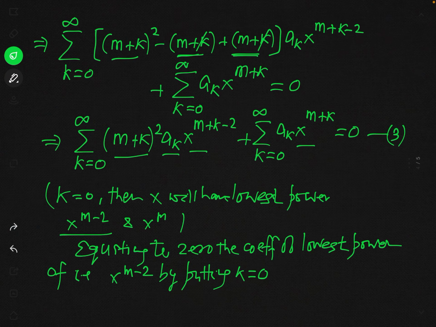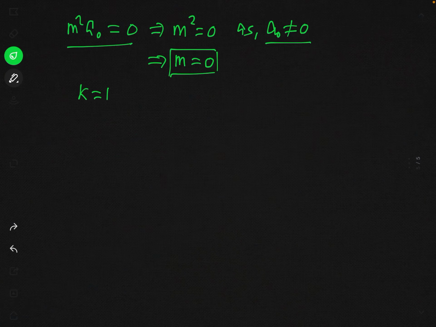And so you can see, when you put k equal to 1 in the first term, x will contain the power m plus 1 minus 2, and so that will be in fact x to the power m minus 1.